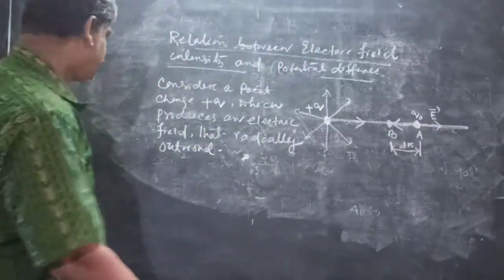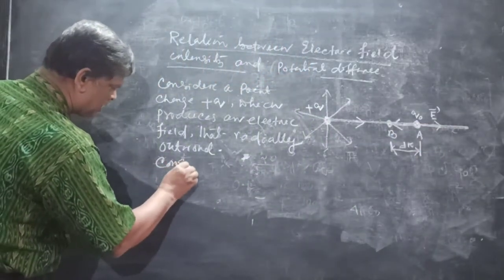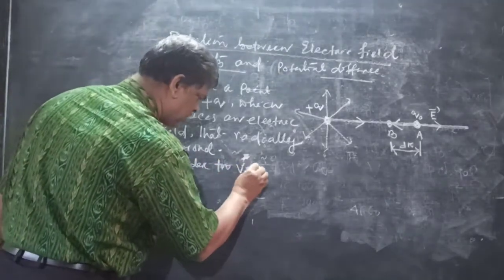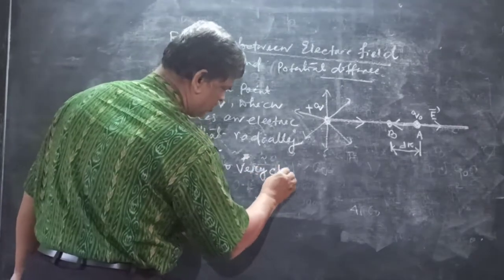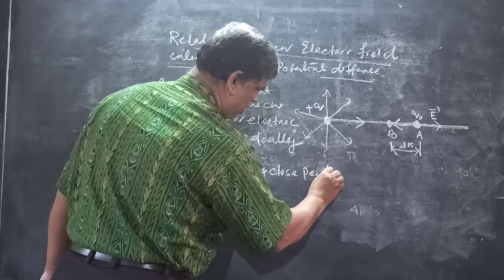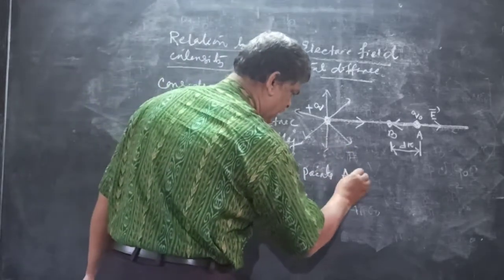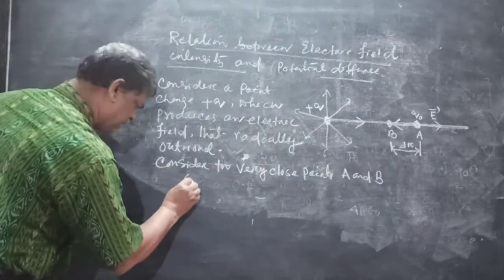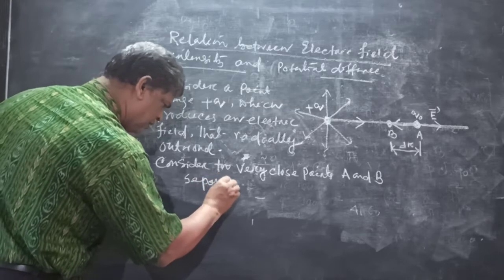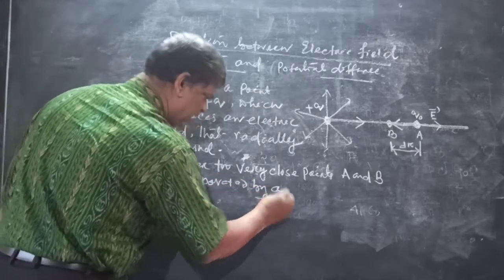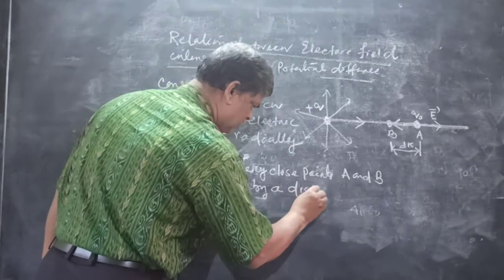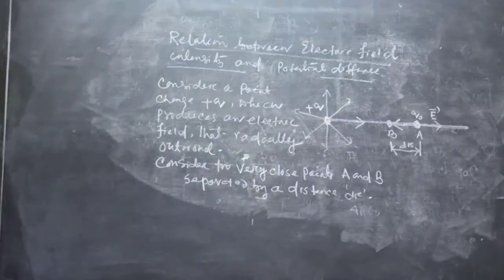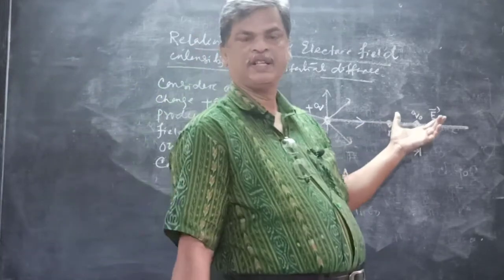Now consider 2 points A and B on one of the lines of force. Consider 2 very close points A and B, separated by a distance dr. This distance is very small because the electric field is a point function.